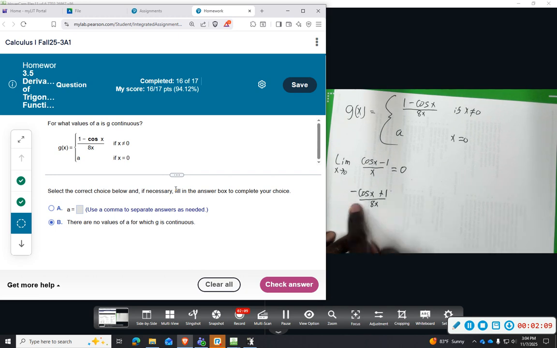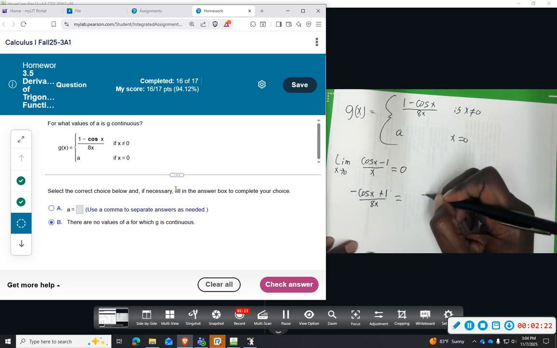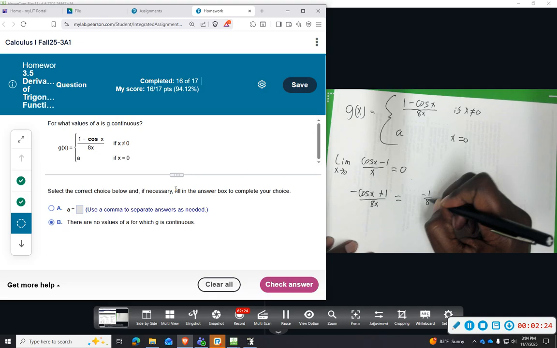One thing I'm going to have to do is change signs, so I'm going to have to factor out a negative. The next thing, I need this 8 gone, so I'm going to have to factor out this 1/8. So this is going to be negative 1 over 8.